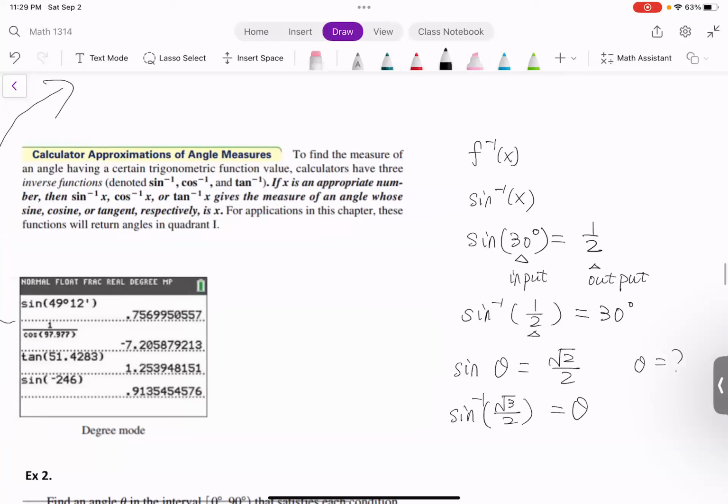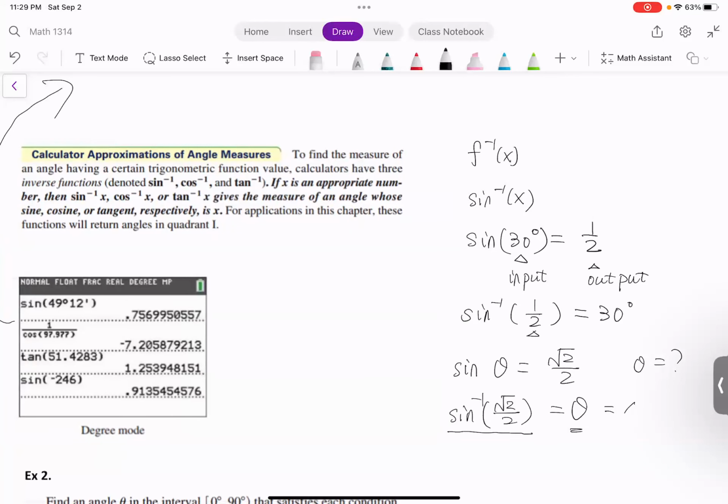Then I can use my calculator, input inverse of sine square root of 2/2. Then I can find theta. So theta must be, oh, I changed the data. I shouldn't do this. This is 2. So I must have 45 degrees.